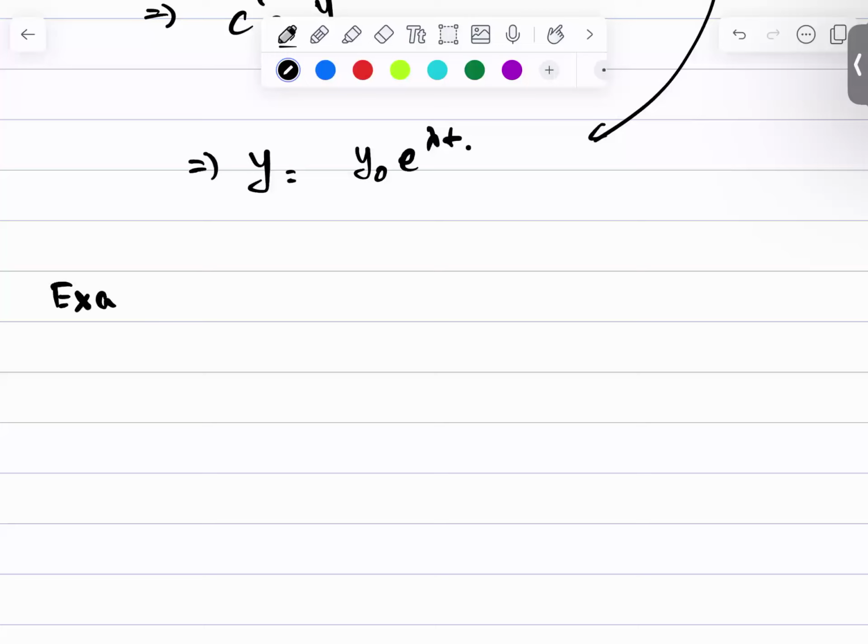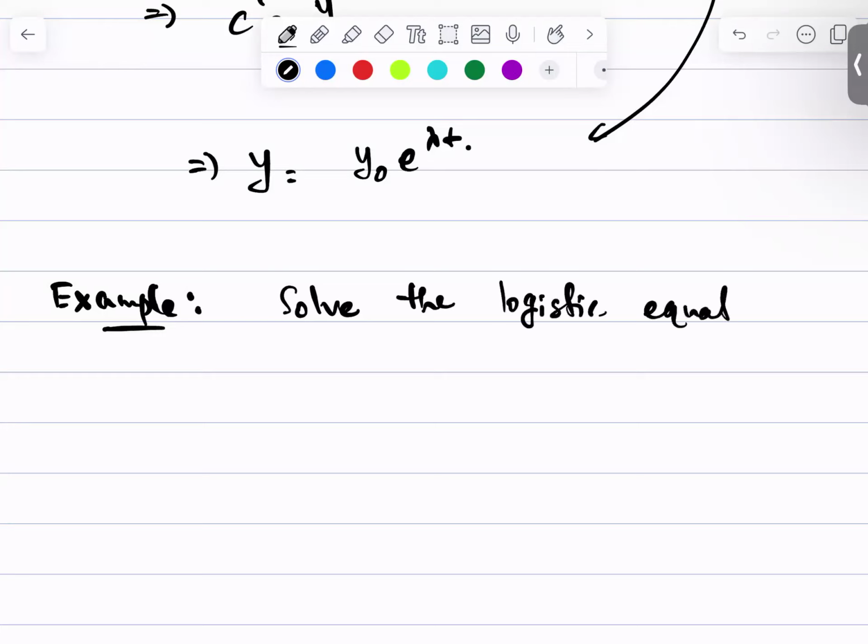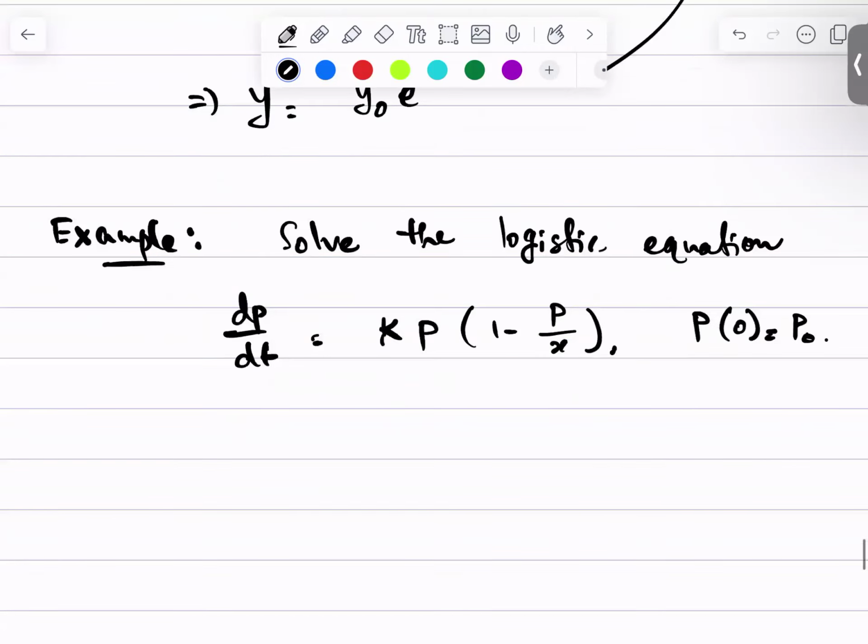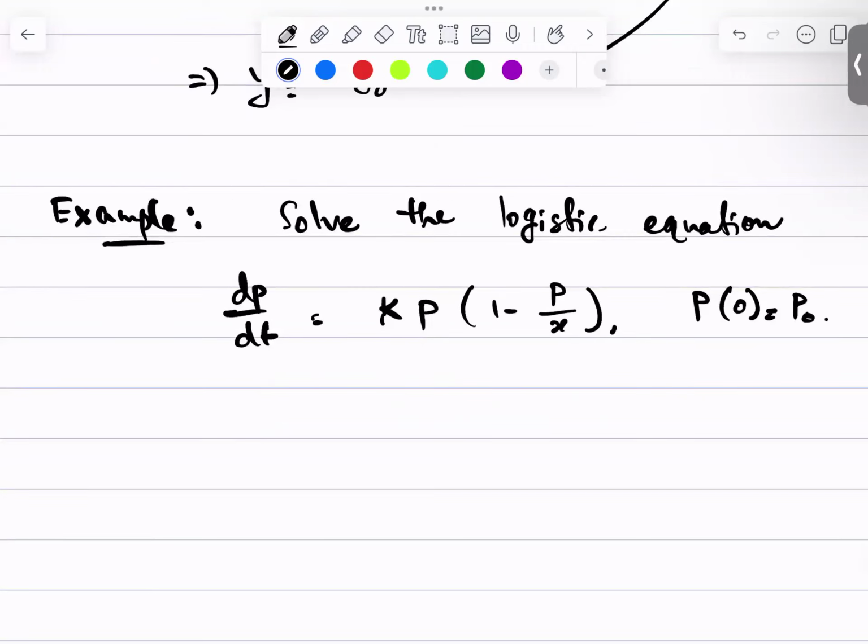Say my problem in this case is: solve the logistic equation dP/dt = kP(1 - P/λ), and the initial condition is P(0) = P₀.